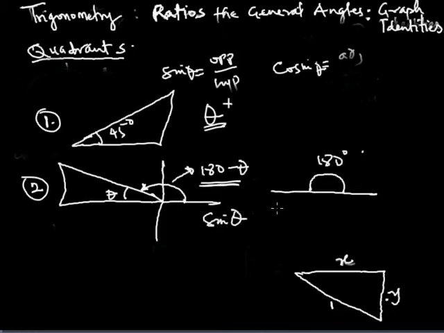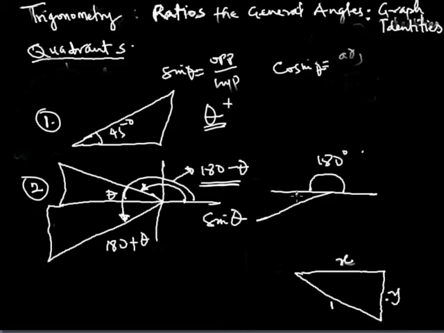At the third quadrant, we have 180 degrees plus theta, and it's positive with tangent.